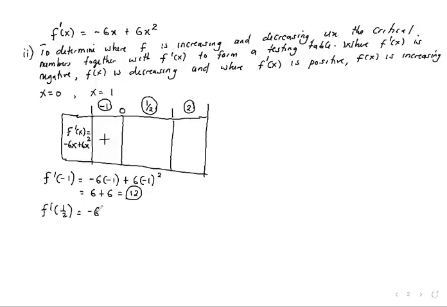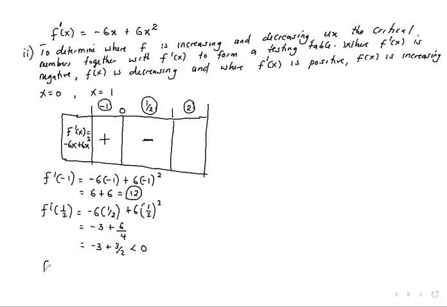Then we go to f prime of half. We have -6 multiplied by half plus 6 times half squared. This is -3 plus 6 over 4, that is -3 plus 3 over 2. And of course, we know 3 over 2 is less than 3, making this negative.